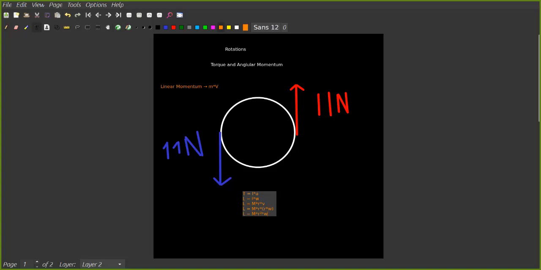Actually, the integral of m r squared gives us I, and so L is equal to I omega. Okay, I times omega. And well, that's it. L is constant.